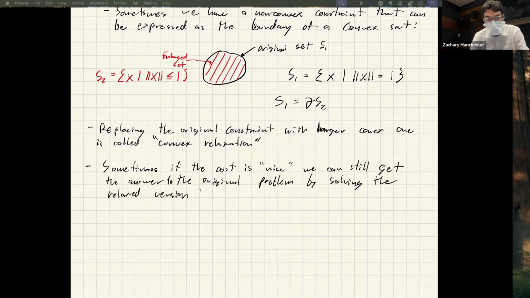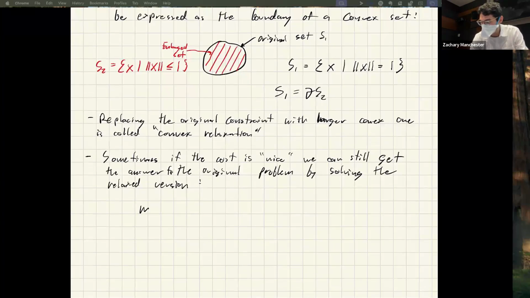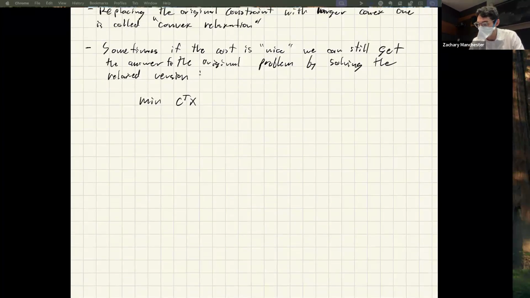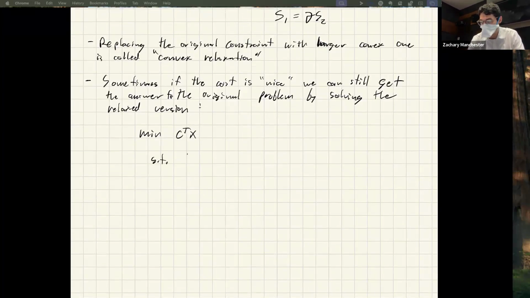So a really good example, which you just said, is let's minimize a linear objective, C transpose X, subject to norm of X equals 1. So that's non-convex because of the norm constraint.